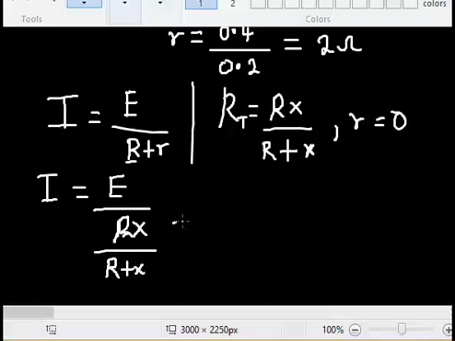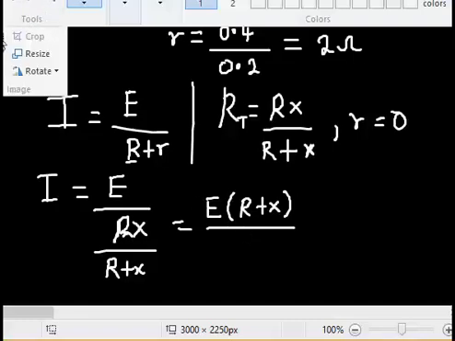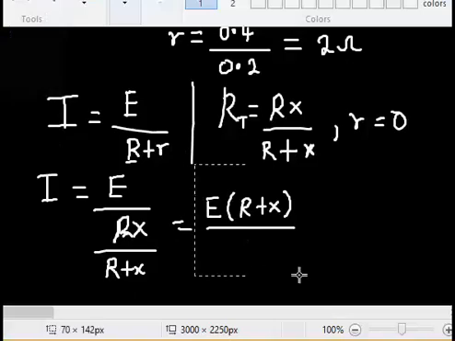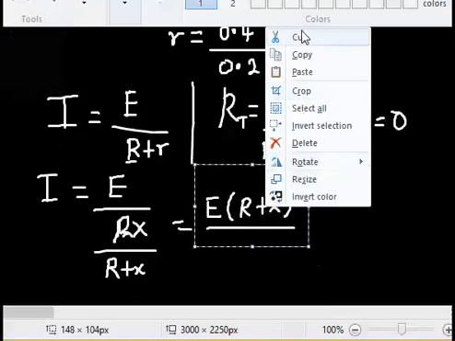Of course, if you invert this fraction, you have E multiplied by R plus x divided by... is it really necessary for me to do that? No, it's not necessary. I can just keep it this way.